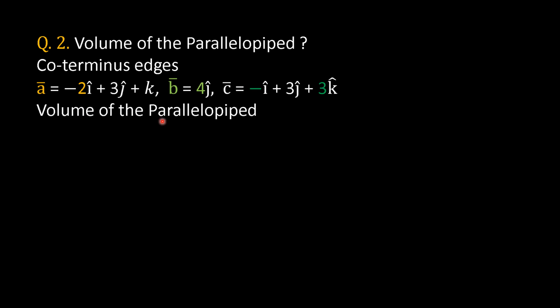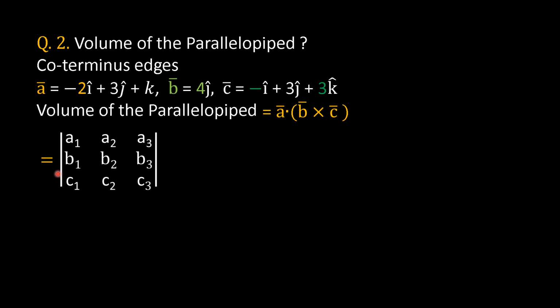Volume of the parallelepiped is given as A bar dot B bar cross C bar, which will be a determinant of A1 A2 A3, B1 B2 B3, C1 C2 C3, which will be minus 2 3 1, 0 4 0, minus 1 3 3.